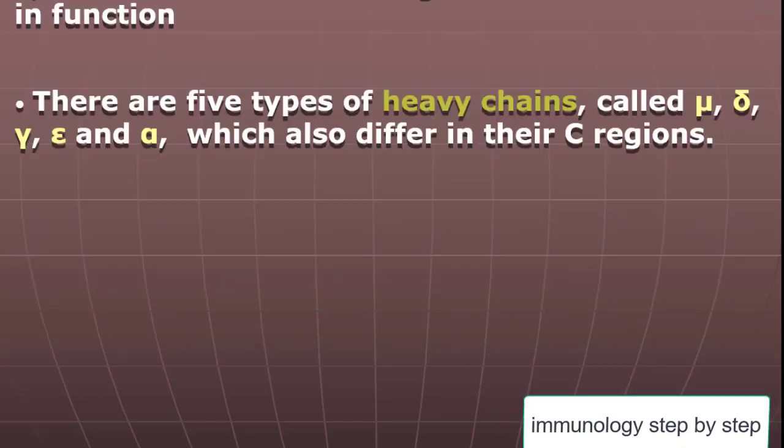There are 2 types of light chain, called kappa and lambda, which differ in their C region but don't differ in function. There are 5 types of heavy chains, called mu, epsilon, and others, which also differ in their C regions.